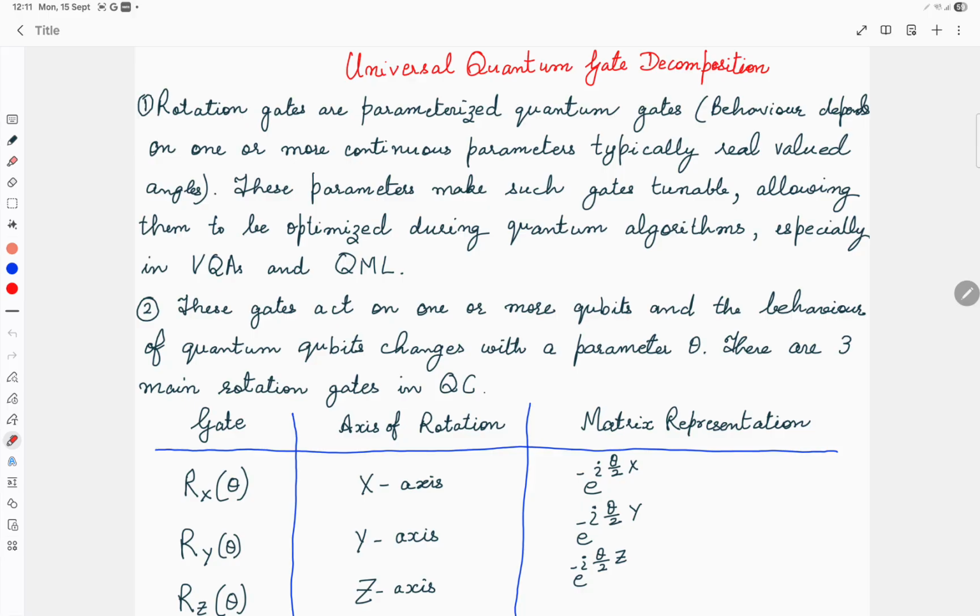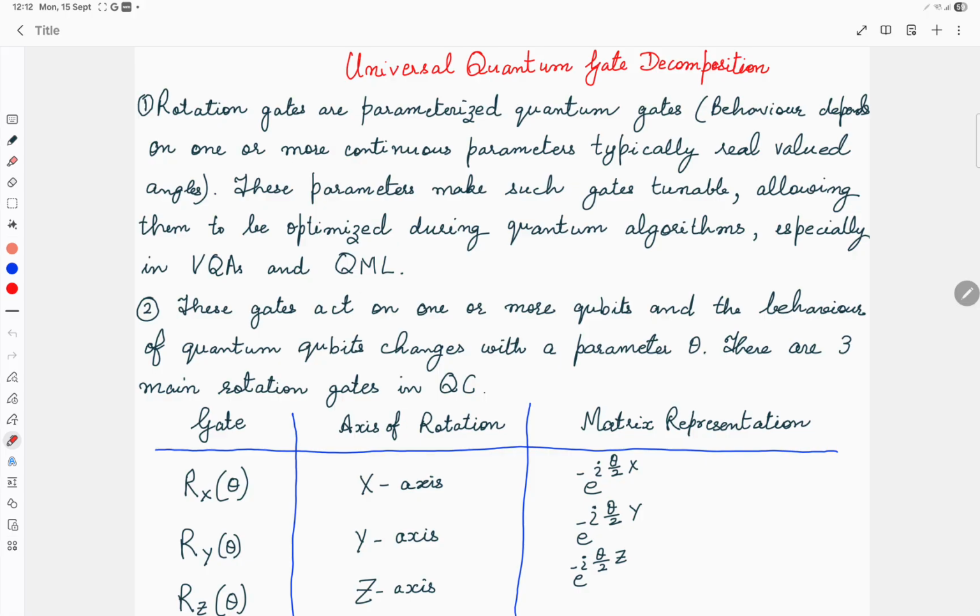So if they are parameterized, that means the behavior depends on one or more continuous parameters, typically real valued angles. Since these angles are parameterized quantities, these parameters or angles will be used to make such gates tunable, allowing them to be optimized during quantum algorithms, especially for variational quantum algorithms and quantum machine learning.